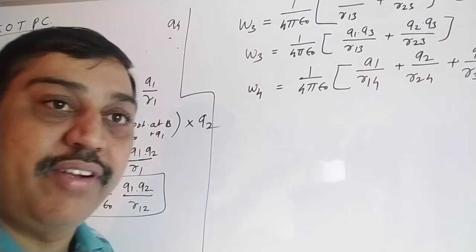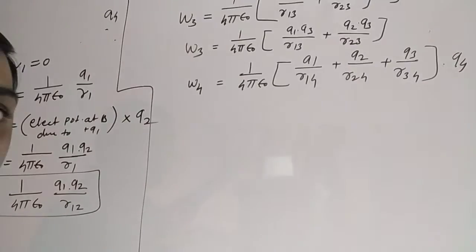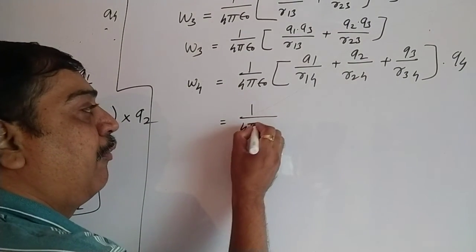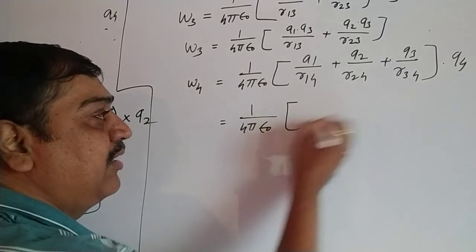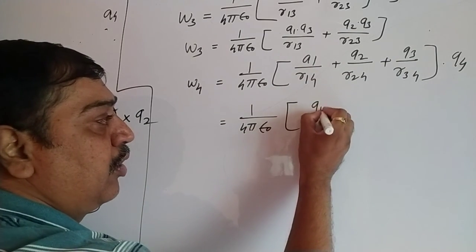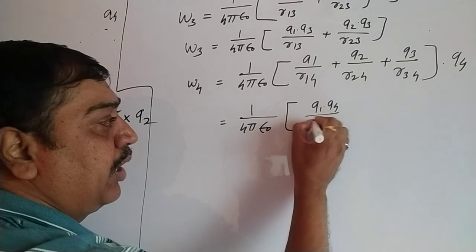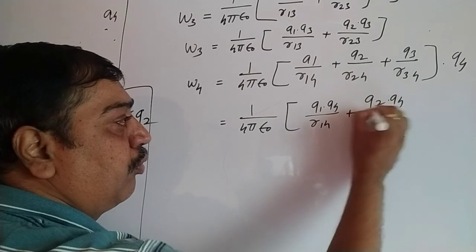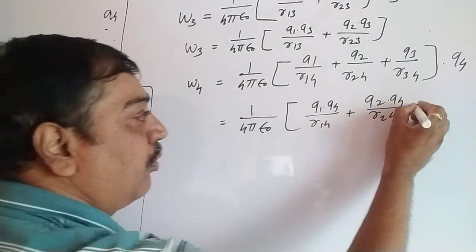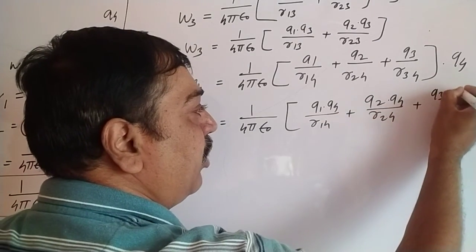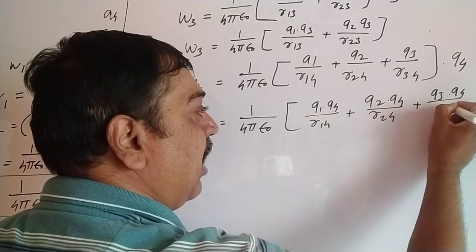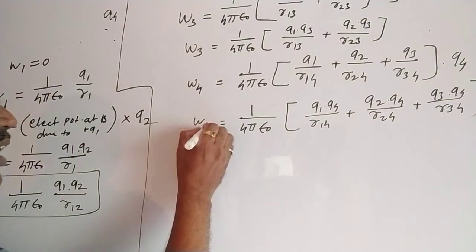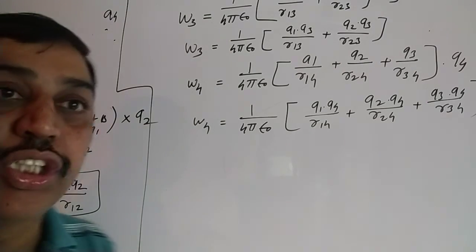If you solve it further, we get 1 divided by 4 pi epsilon 0 as it is, Q4 moved inside: Q1 into Q4 divided by R14 plus Q2 into Q4 divided by R24 plus Q3 into Q4 divided by R34.